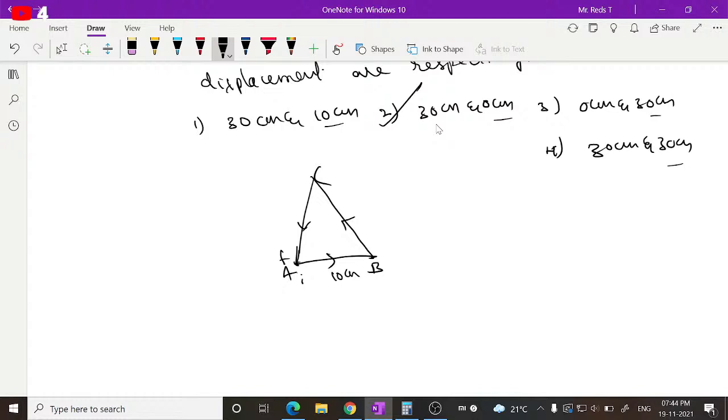Okay. So then I have this problem. Four corners of the copy. Remember this one.